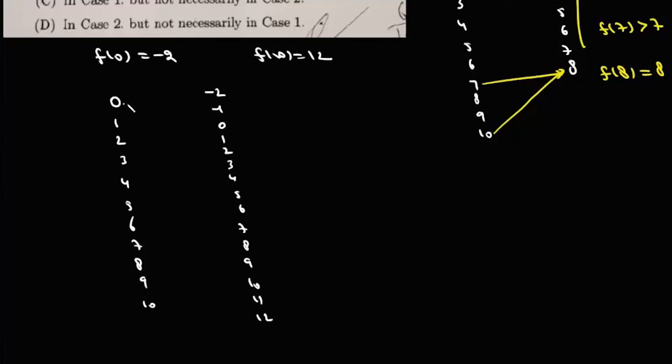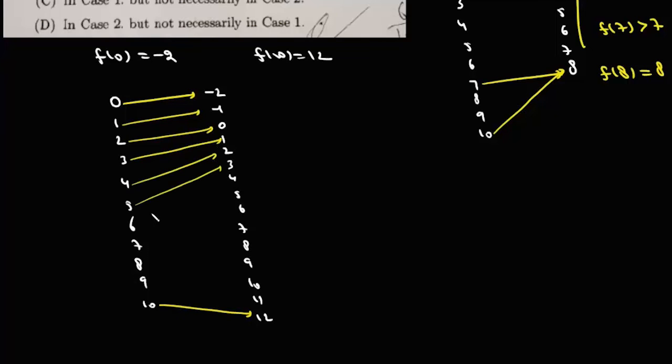Now here f of 0 is mapped to minus 2 and f of 10 is mapped to 12. Now we have to choose values such that no value is mapped to itself, and there are so many values to choose from. So it could be this function.